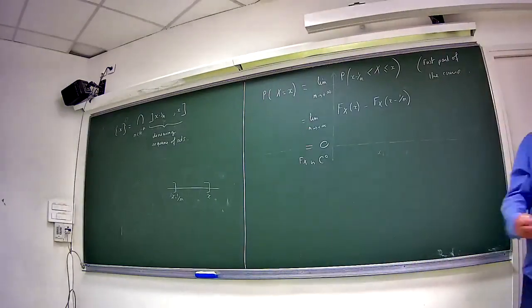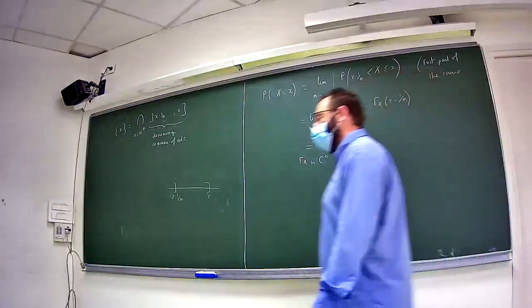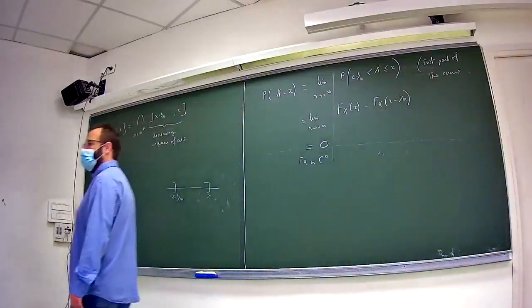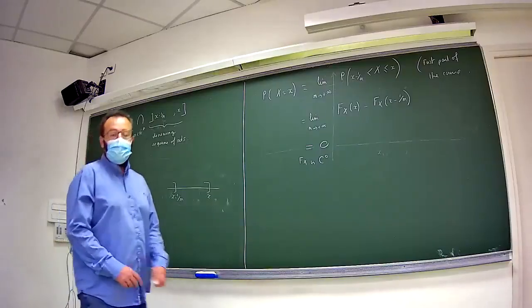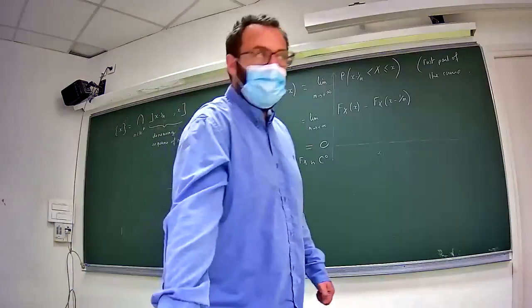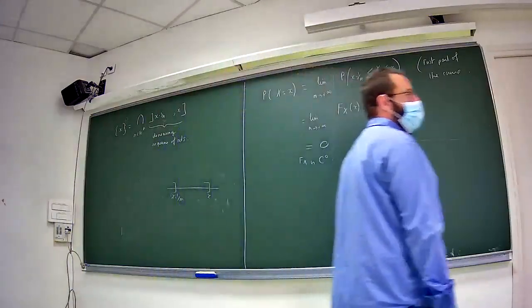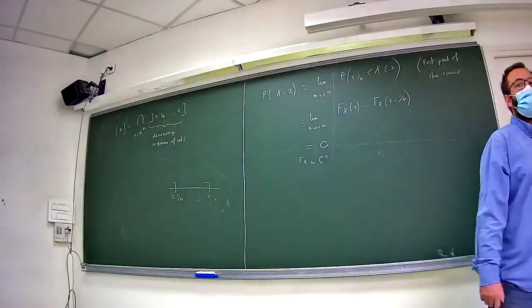And first of all, before defining what a random variable having a density function is, I define what a density function is. So a density function is a mapping from R into R that fulfills three conditions.